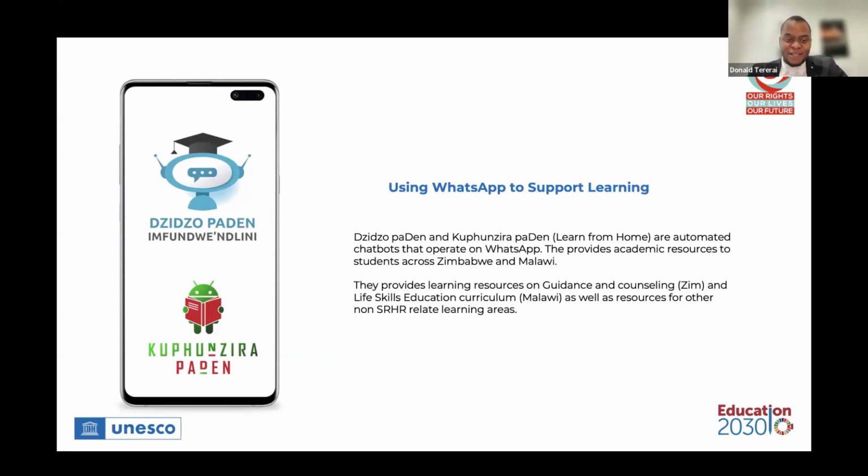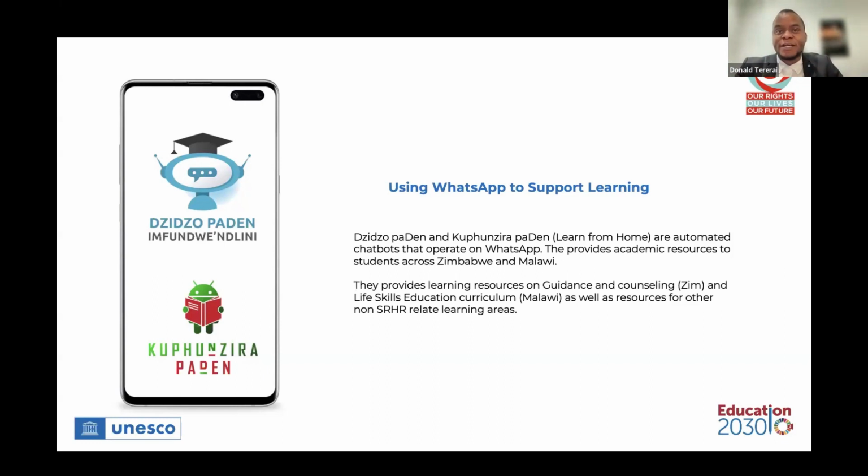I think almost everyone has used WhatsApp by this point, and it makes it a very ideal tool for reaching young people. So to leverage on this popular platform, we developed the chatbots on WhatsApp and they provide CSE resources to students across Zimbabwe and Malawi. While the primary focus for these chatbots is on guidance and counseling curriculum in Zimbabwe, for example, and life skills education curriculum in Malawi, they also offer resources on other non-CSE related learning areas.